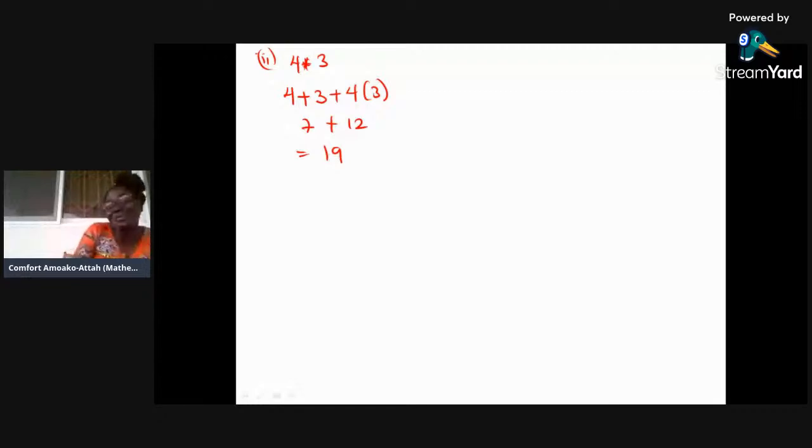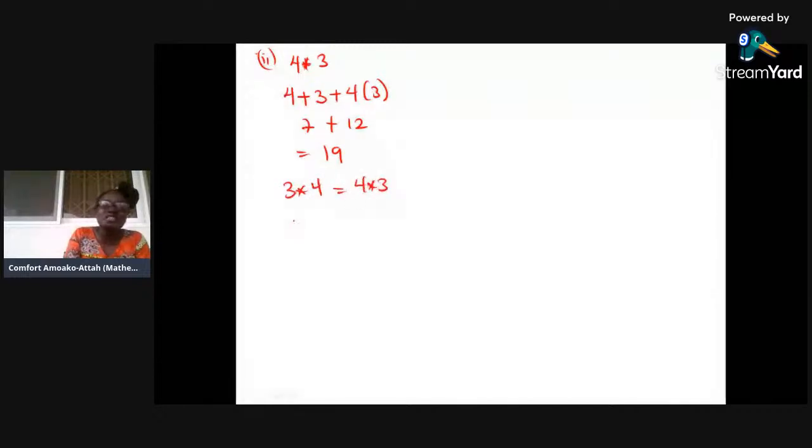So comparing the two answers, we can say that 3 star 4 is equal to 4 star 3. And this operation is commutative property.